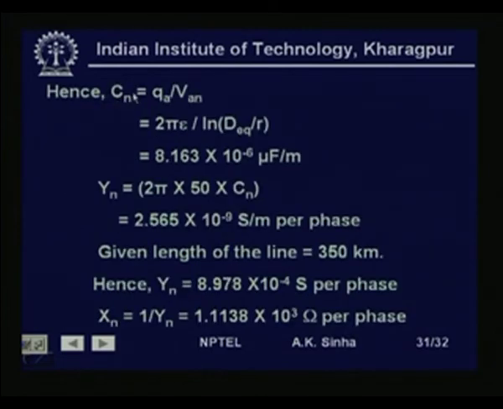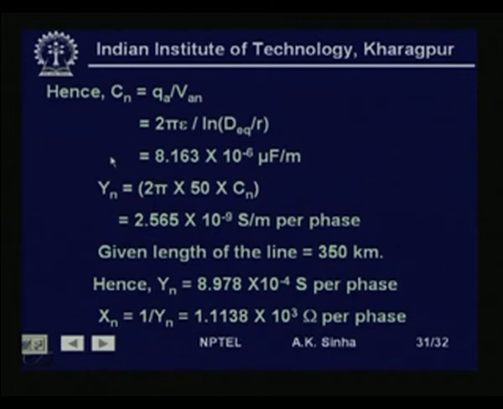Therefore, the capacitance to neutral will be equal to QA by VAN, which will be equal to twice pi epsilon by ln DEQ by R, and after substituting the value this comes out to be 8.163 into 10 to the power minus 6 microfarad per meter.